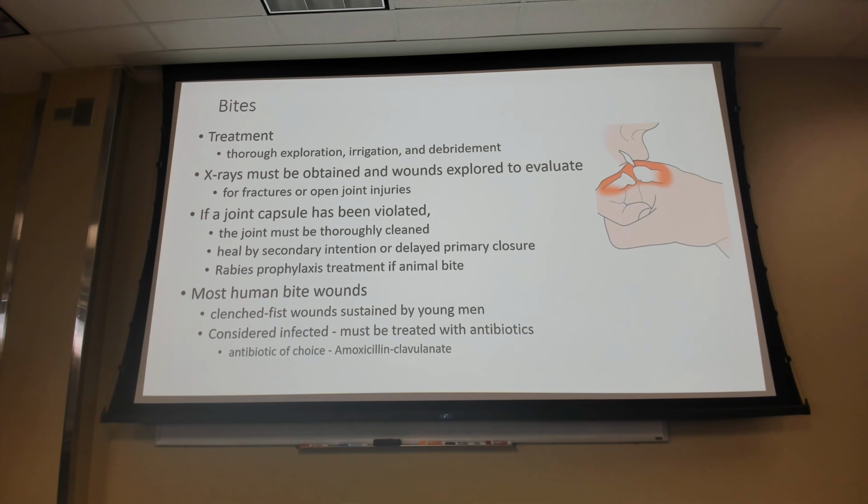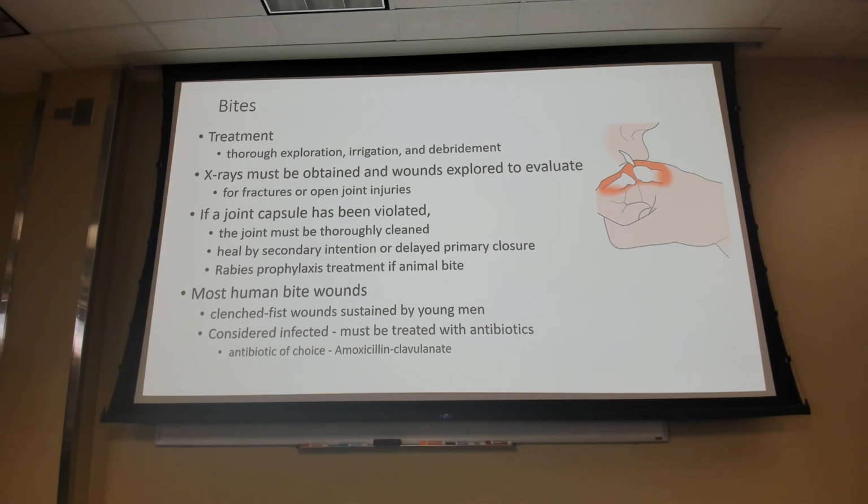But if they haven't had their rabies prophylaxis, the dog or canine or whatever the animal is, typically we don't have to give everybody rabies immune globulin and a rabies vaccine if we can quarantine the animal for 10 days. So that's commonly what we try to do.